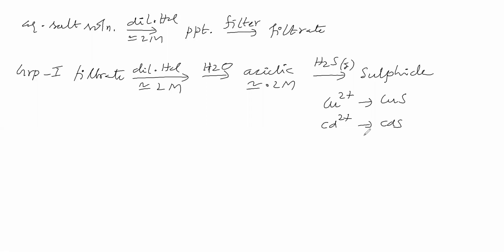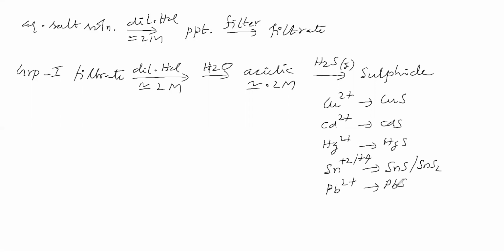From the carbon family, tin precipitates as either SnS or SnS2, because plus 2 and plus 4 are both possible. Then lead, which precipitates as PbS.